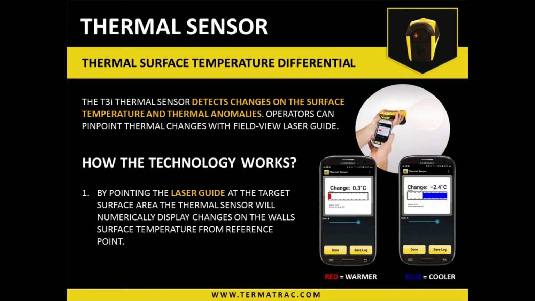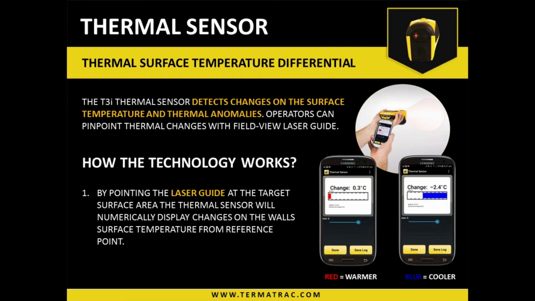The bar graph, what we have, we reference it, point at the wall. There is a laser point which comes out, so that depicts the area of the material we will be testing and starting our reference point from. Tap in the box, zeroes it. As we move it along the material, if red comes out, it indicates that we've moved to a surface with higher temperature.